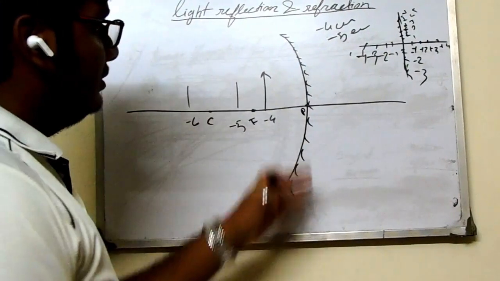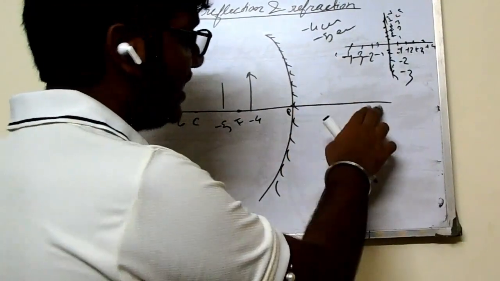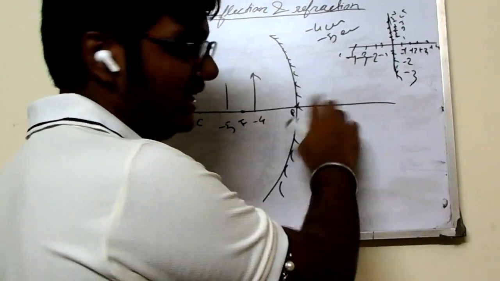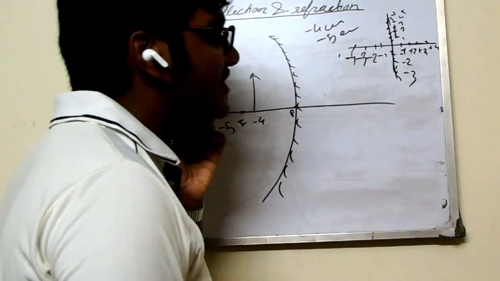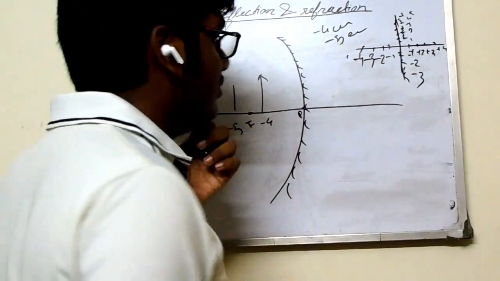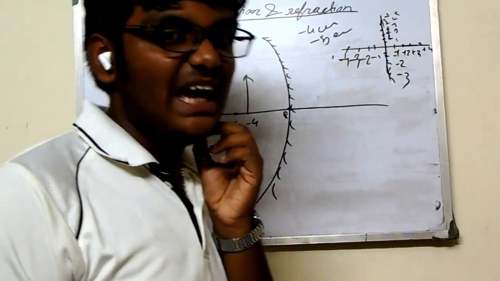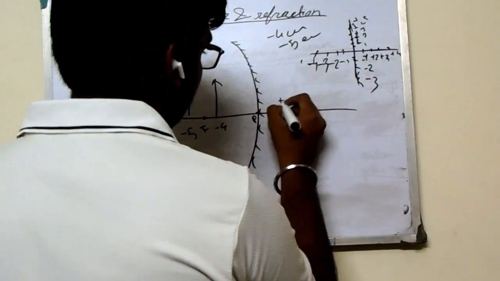The object will never ever go on the right side of the mirror. The thing which can go on the right side of the mirror is the image. So the image distance can be plus.